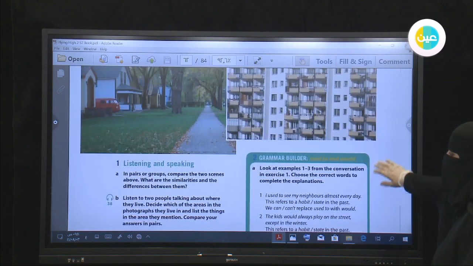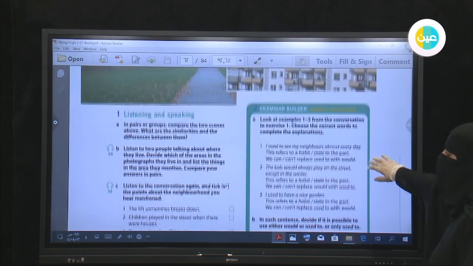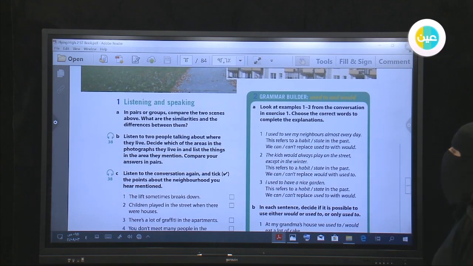Now, go to B. Listen to two people talking about where they live. Decide which of the areas in the photographs they live in, and list the things in the area they mention. Compare your answers with the listening again.